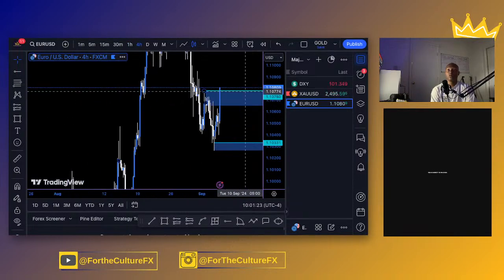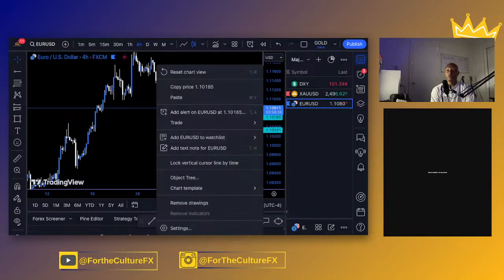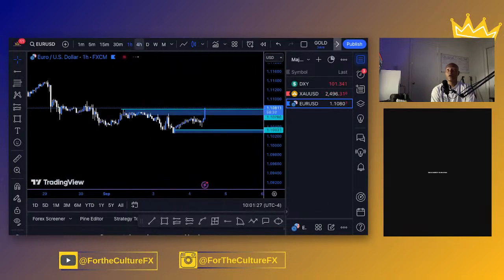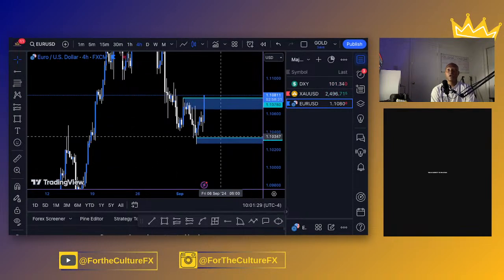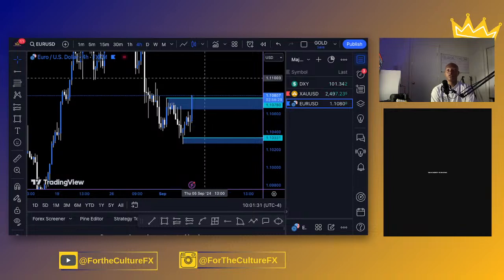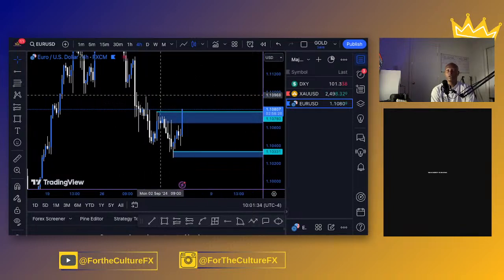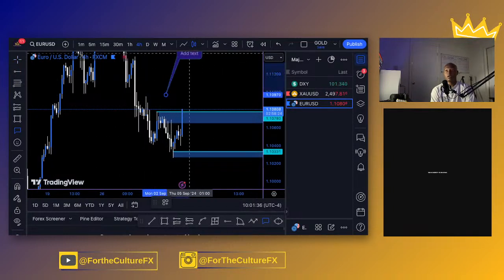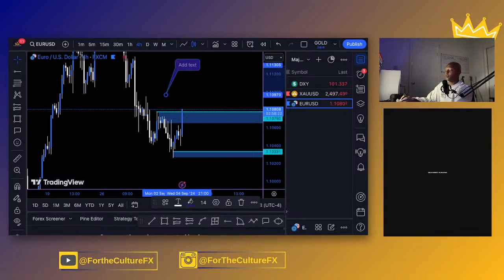So let's take a look at what we're looking at now. Previous 4-hour candle closed bullish. Our entry should have been based off of this. So step one, what's the first thing that went wrong in today's trade? Well, I'm not gonna say wrong.